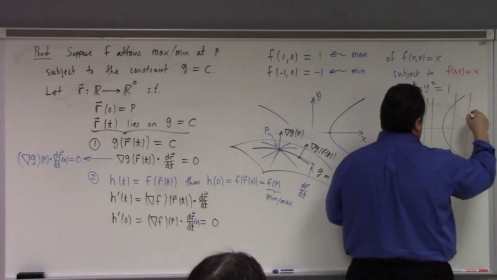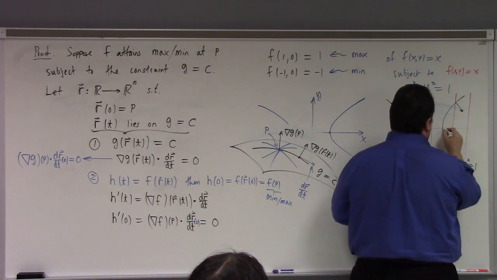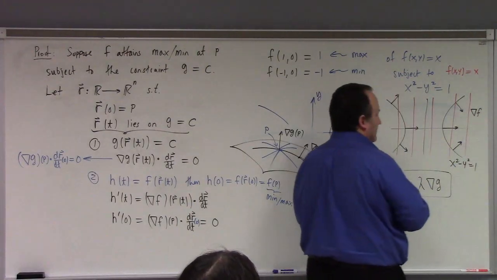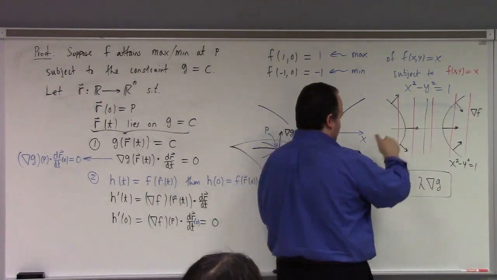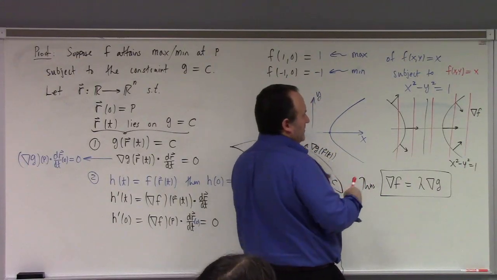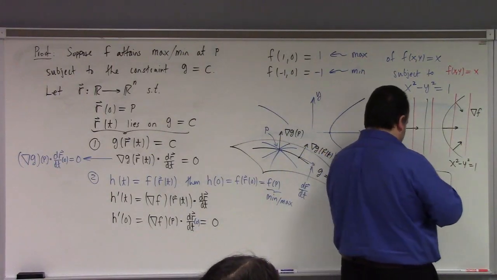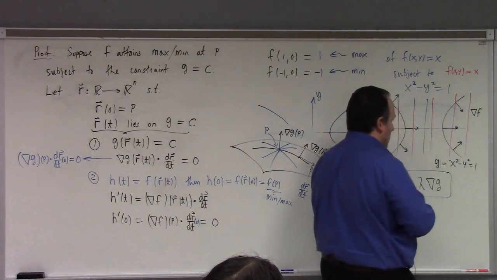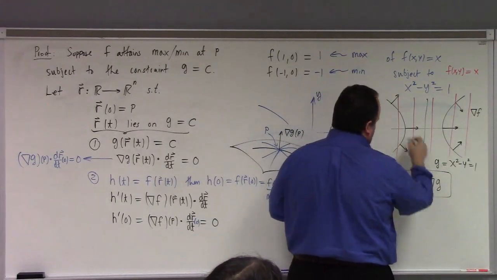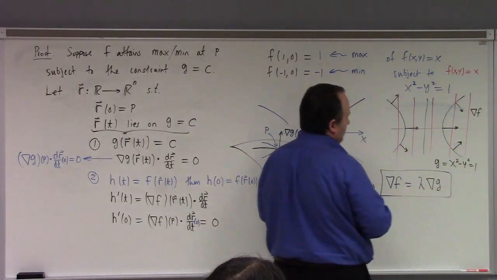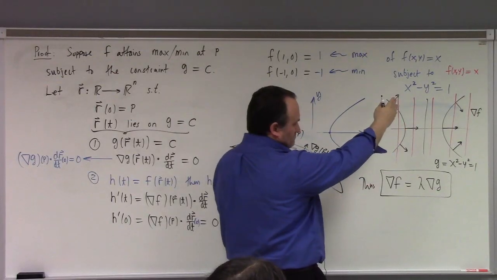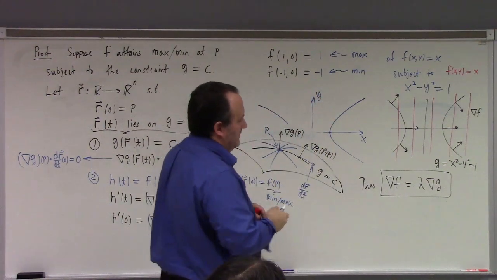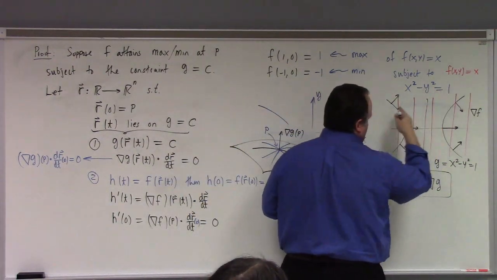Here are some sample gradients of f. There's just this one constraint curve, here's my g, and if you look at the different objective level curves, there's only one place where the gradient of f aligns with the gradient of g.